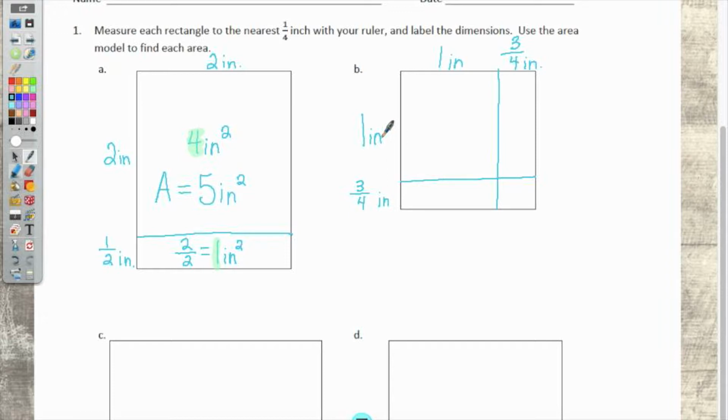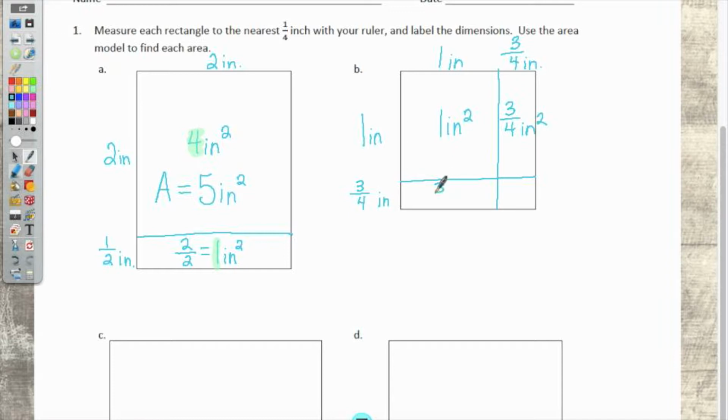Emily, help me multiply here. What's 1 times 1? 1 square inch, good. And then we have 1 times 3/4. 1 copy of 3/4 is 3/4. And then the next person is George B. What's 3/4 times 1?